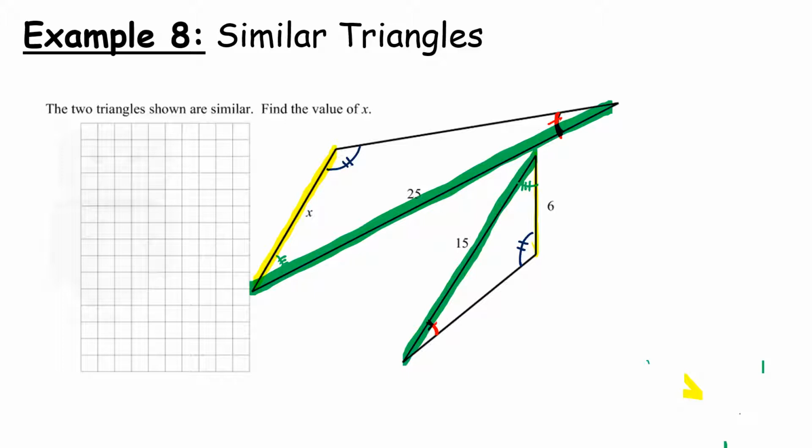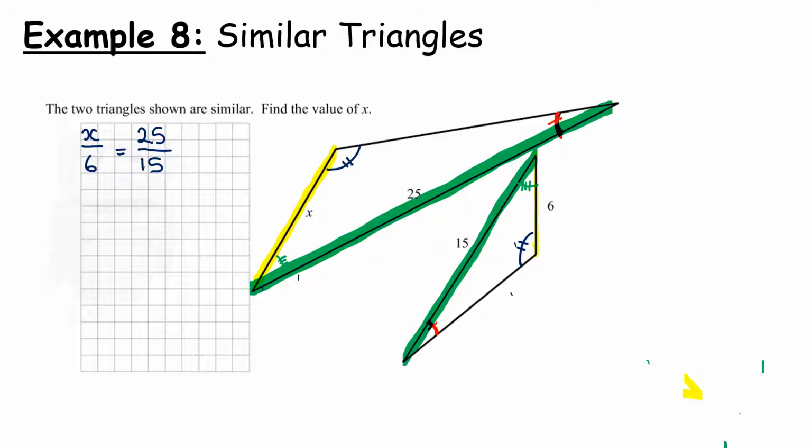So the yellow side in one triangle, which is x, divided by the yellow side in the other triangle is equal to the green side in that triangle divided by the green side in the other triangle. Which way you do this is completely up to you. I would always suggest that whichever side you're missing, put that on top.